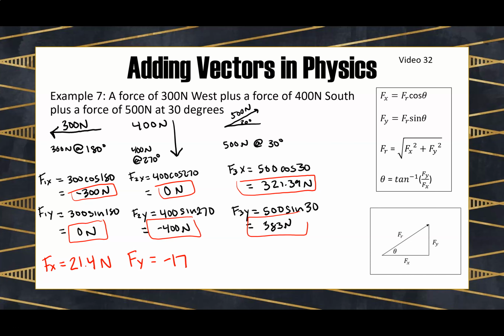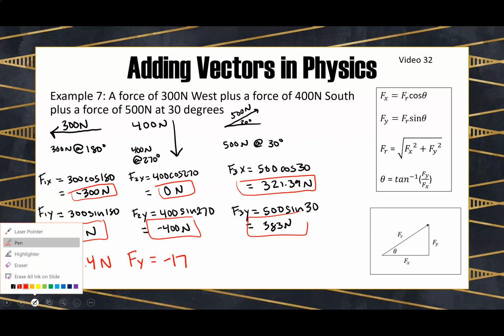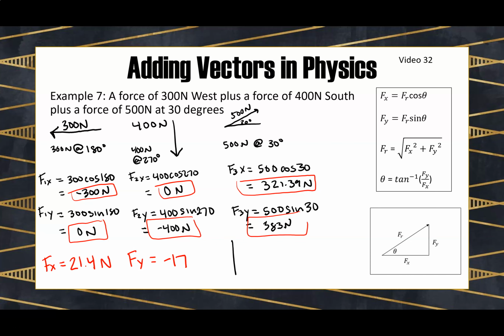At this point, if you have any value for your F sub x or F sub y that is negative, it is going to be a little trickier to find your angle. So if I were to draw this, basically what we have here is our F sub x is going to be 21.4.